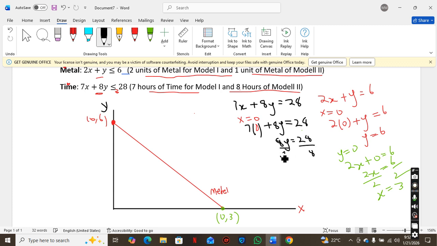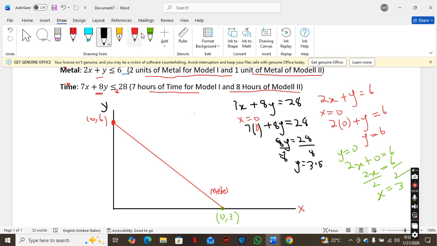Divided by 8, 3.5, if I'm not mistaken. 28 divided by 8. Yes, 3.5. So when x equals 0, y equals 3.5. So since we're not using a graph paper, if you're using a graph paper, it's easy to do this, but I'm not using a graph paper here.